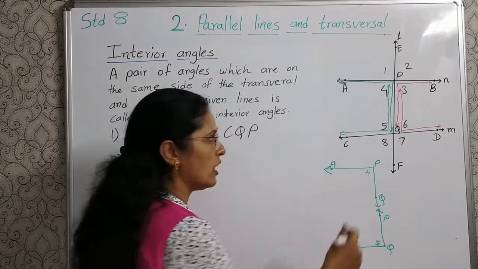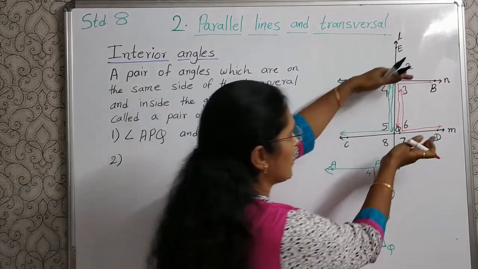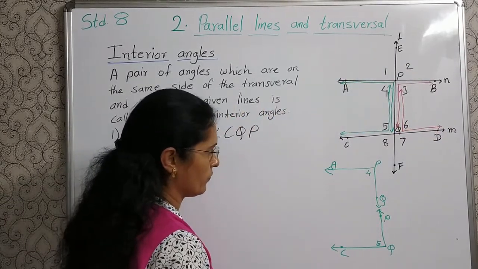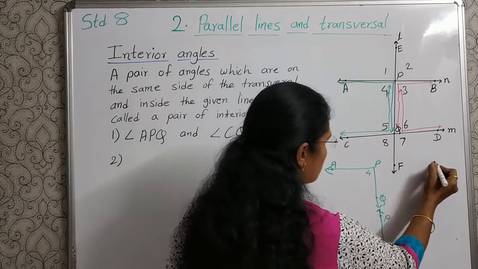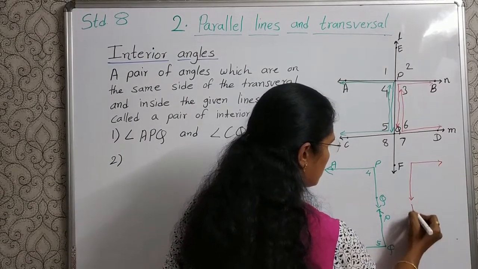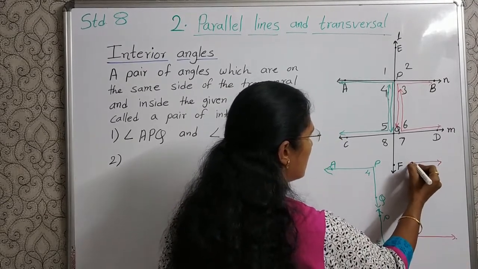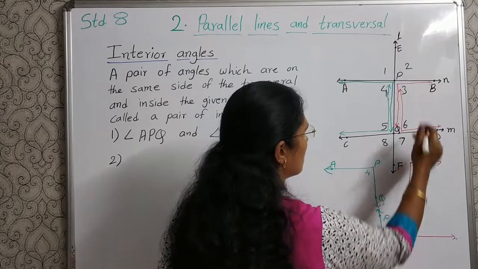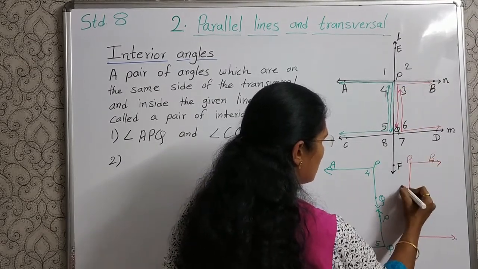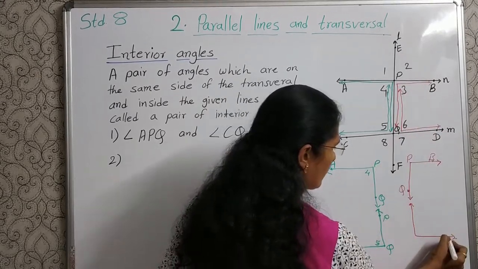Their one arm is on the transversal and these two angles are inside the lines M and N. If I draw these two angles here, it will look like this: angle BPQ and angle DQP.